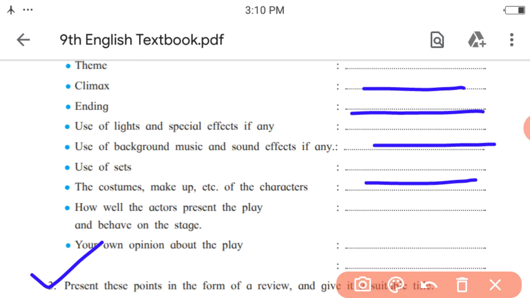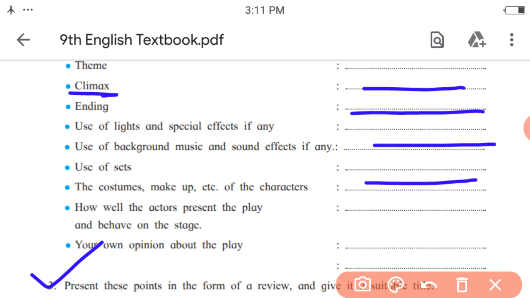Now, you have to write this information in the form of a paragraph. Last year you used to write appreciation of a poem using the points, but this year you have to write in paragraph format. That is, neglecting these titles, just their answers together in the form of a paragraph you have to write.